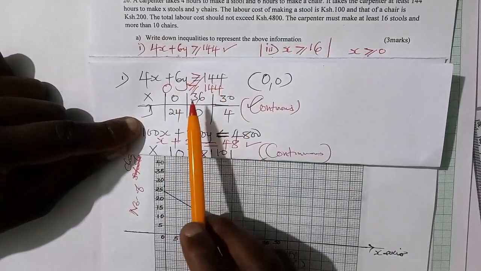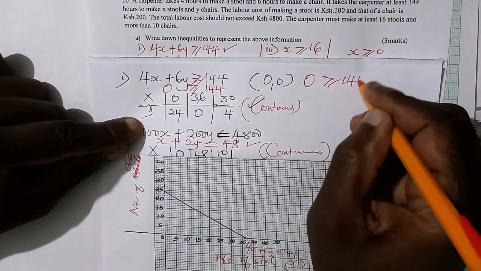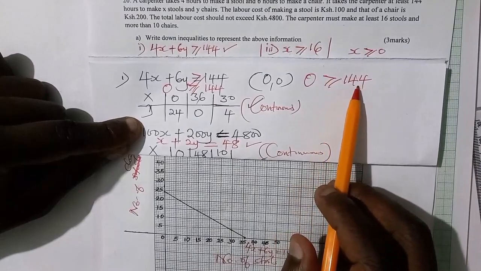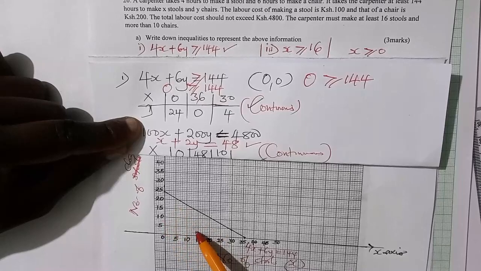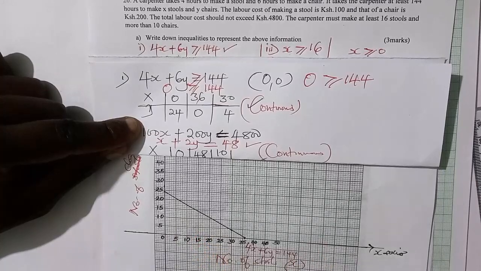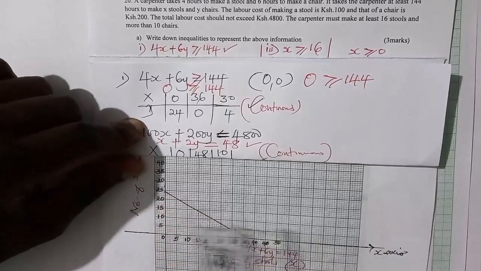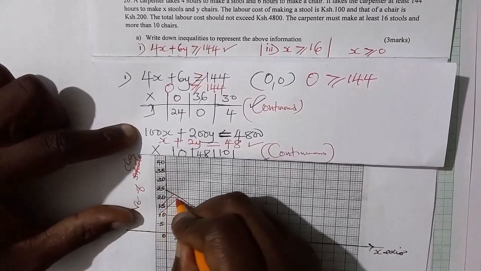Now look at this statement. Is that true? 0 is not greater than 144. So this side where we have picked the point does not satisfy the inequality, and therefore it is the unwanted side. We shade the side that does not satisfy the inequality. So we're going to shade this side, the bottom part. So very first we do that. So we shade this side.